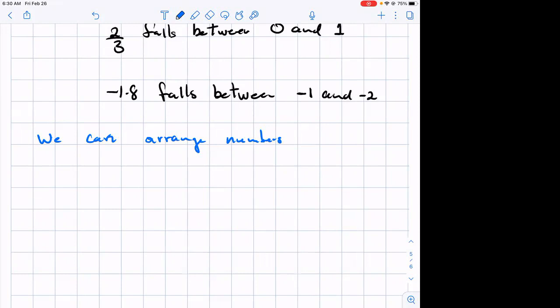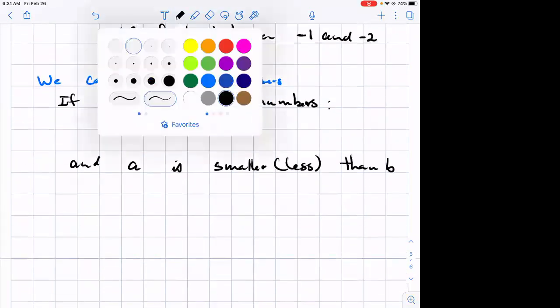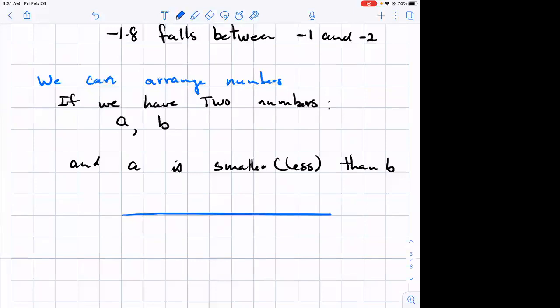So if we have two numbers, let's say A, comma B, and A is smaller, or less than B. If I put this on a number line, here's my number line.